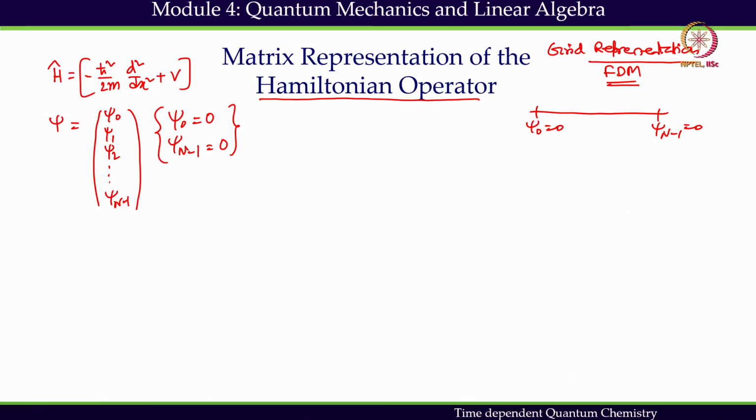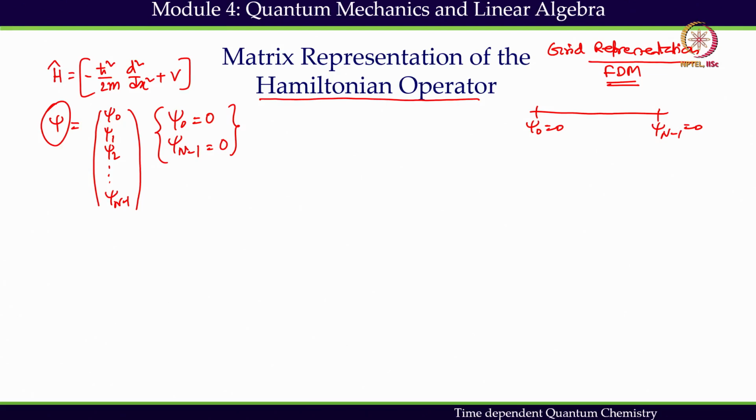The question is, I cannot just represent it this way. I have to check whether I am supported by the property of the Hilbert space, because I am dealing with the wave function in the end. Any wave function living in the Hilbert space must be square normalizable, and if it is square normalizable, at the boundary it has to be 0.